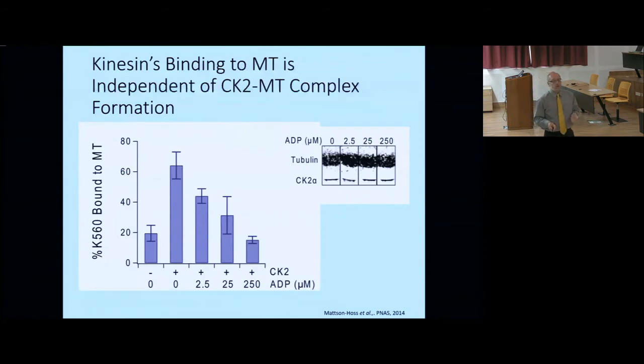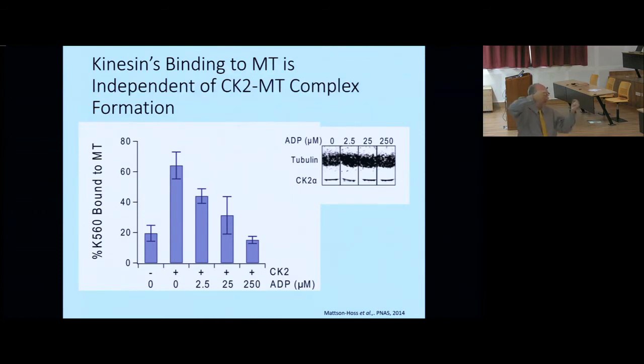Okay. So the next idea was, it turns out that CK2 actually binds the microtubules directly, and so maybe CK2 is making a link between the motor and the microtubule and just holding it there independent of everything. Maybe it's not really that it's affecting kinesin's activity per se. If kinesin's enzymatic activity is important for binding to the microtubule, then if you put in more and more ADP, you can compete the kinesin off of the microtubule.